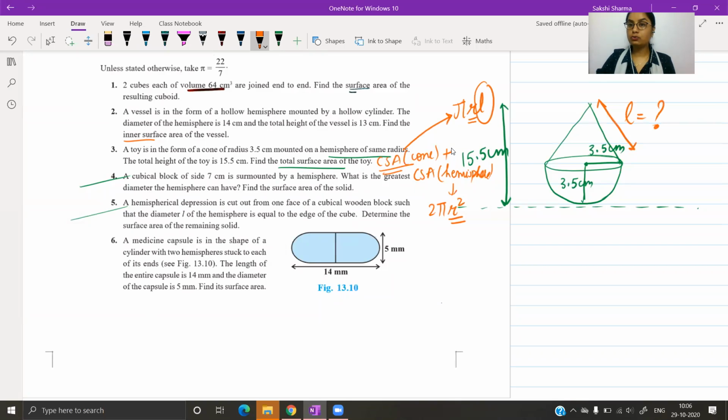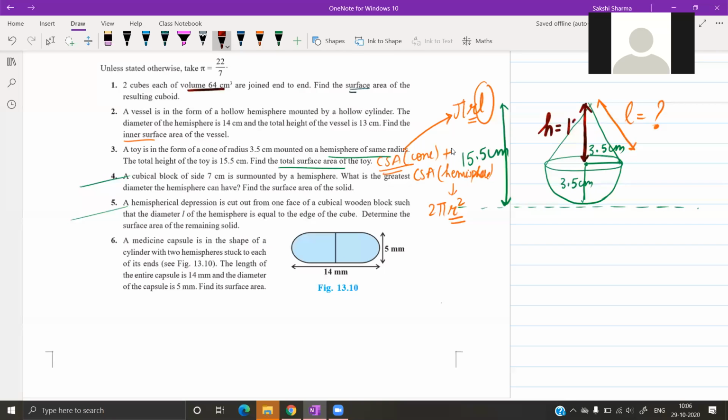For that, we will need to use the Pythagoras theorem: L square equals R square plus H square. First of all, let's identify what is the height of this conical part. 12 centimeters.